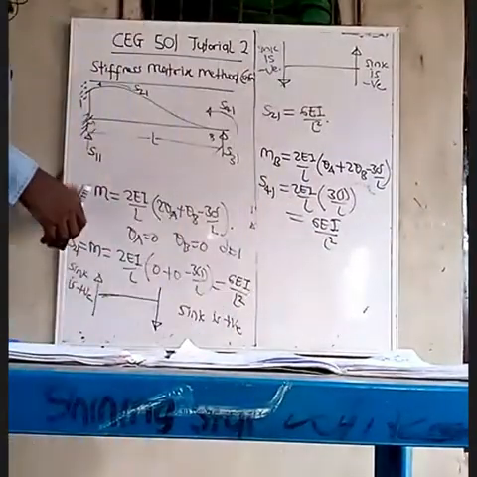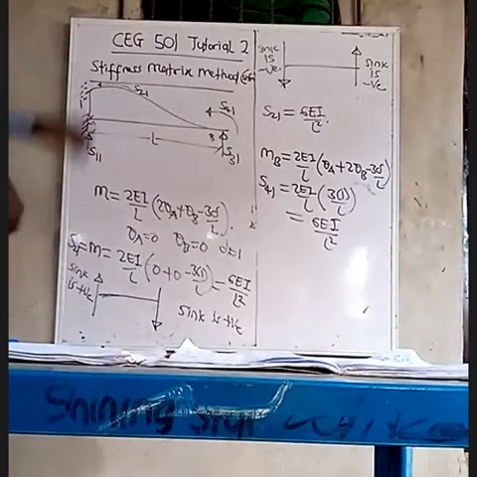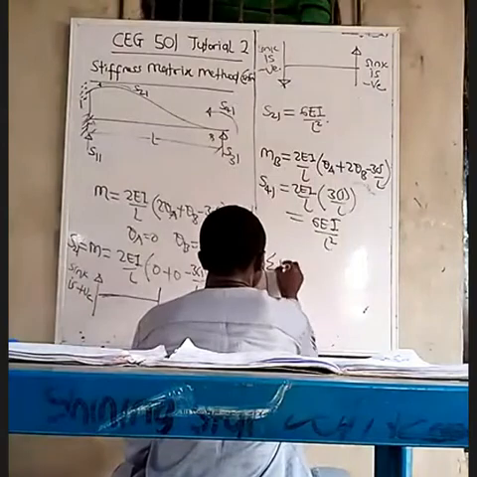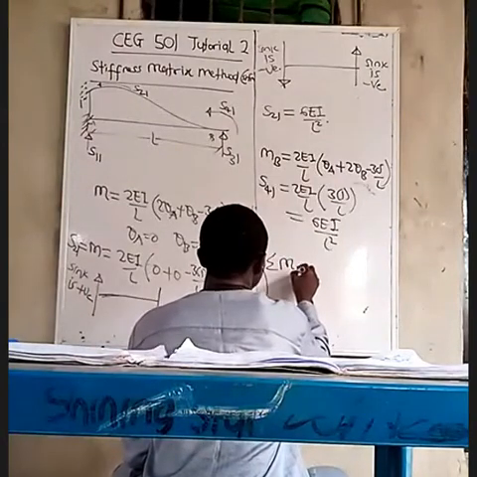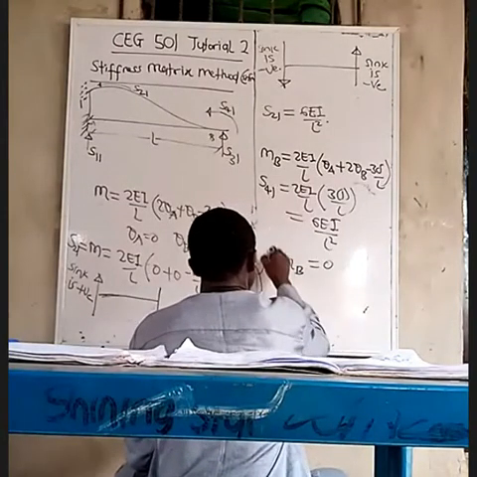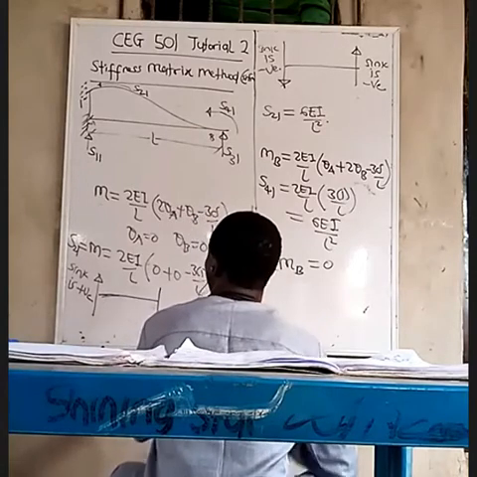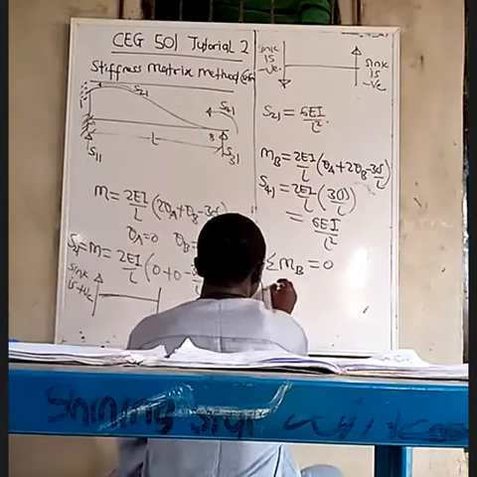So to obtain S11, which is like a vertical force acting right there, we can simply say summation MB is equal to 0. Now, we have been adopting anticlockwise is positive since we started.